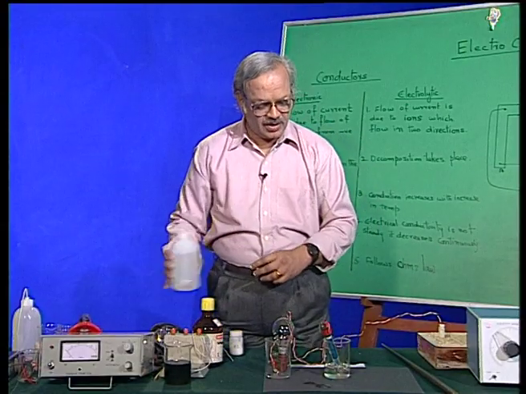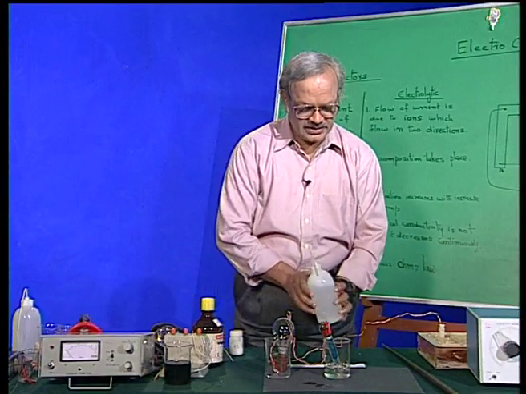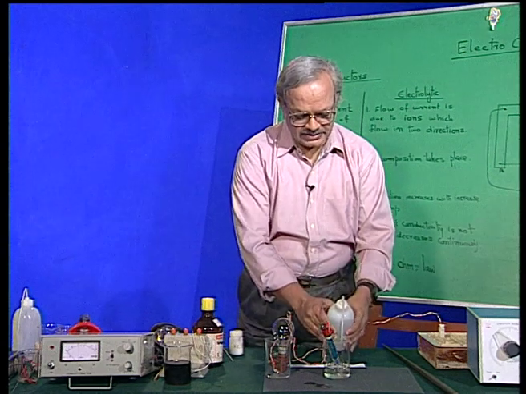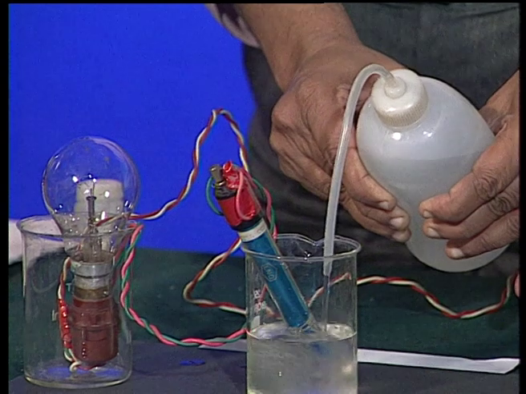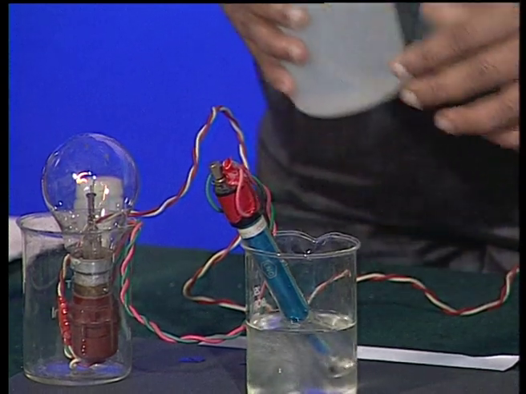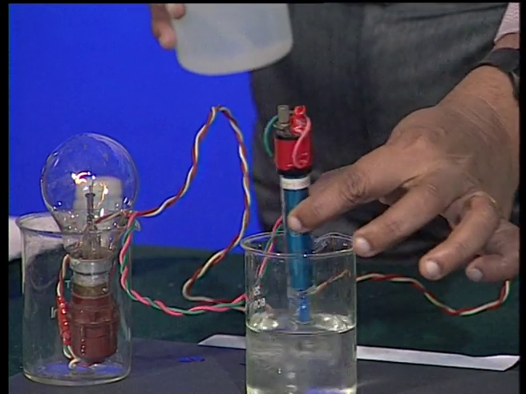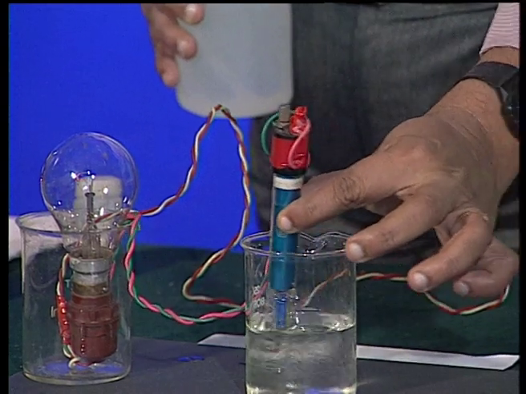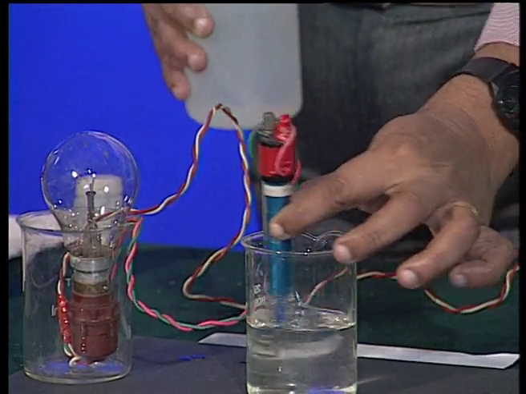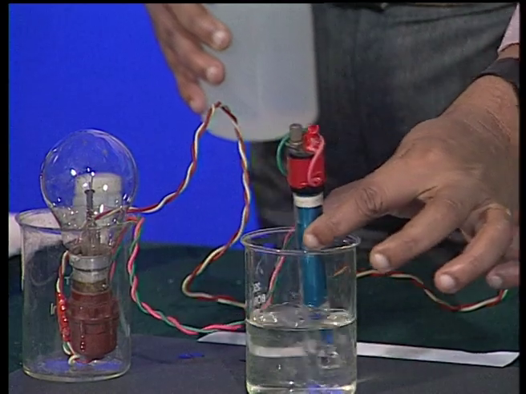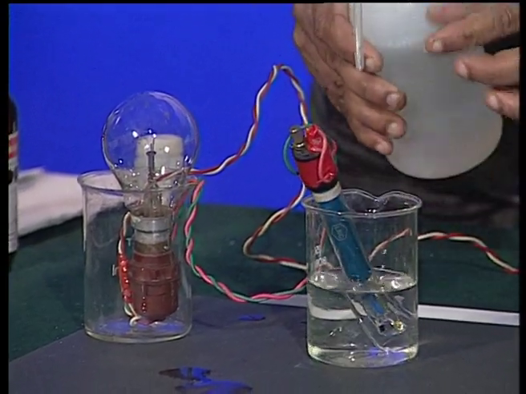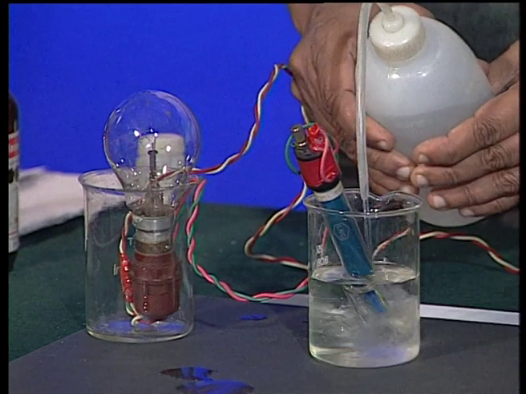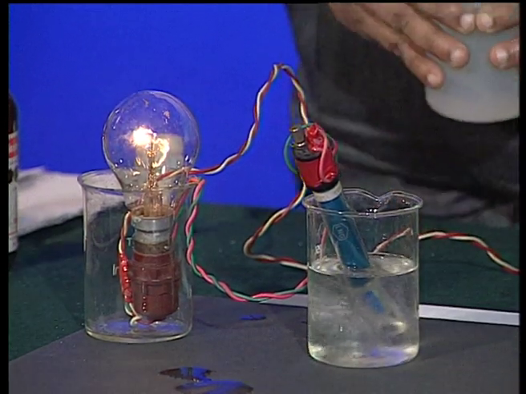Okay. Now, what I do is I try to dilute this. I am trying to add water to this setup. Now, immediately you see on adding water there was some glow, and now we will continue this addition of water again and see what happens.